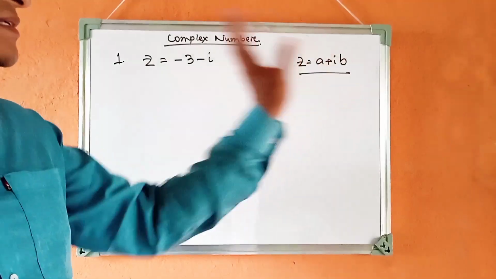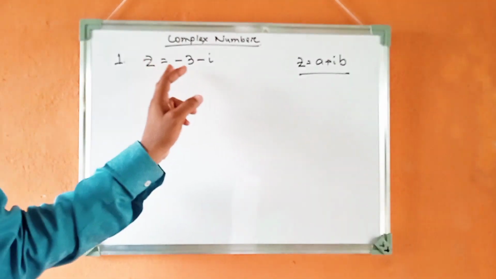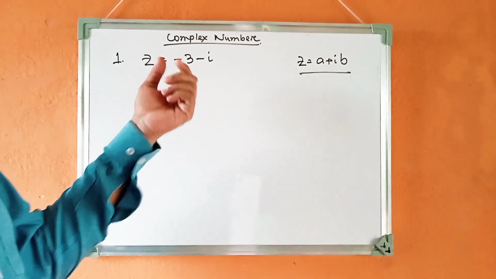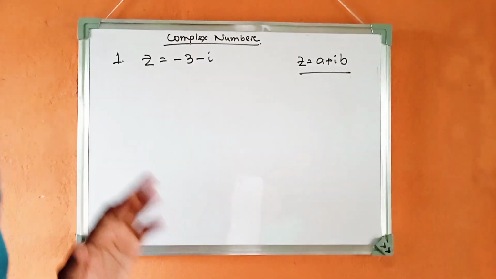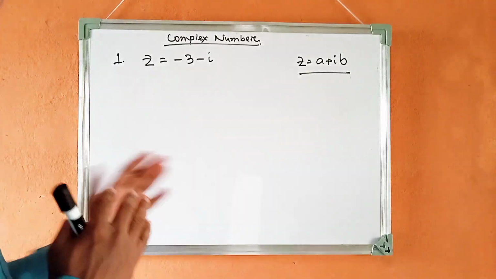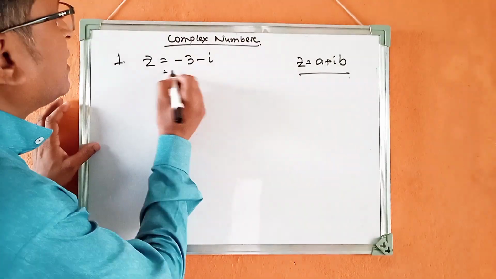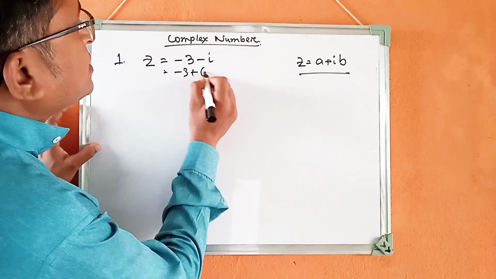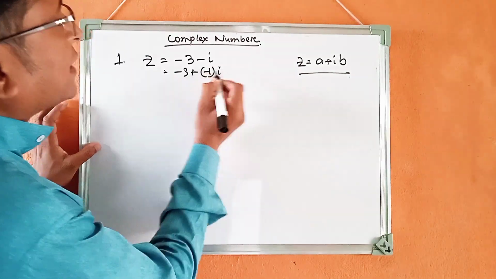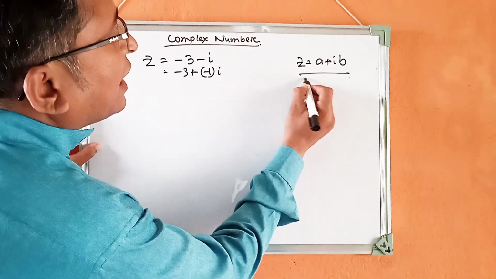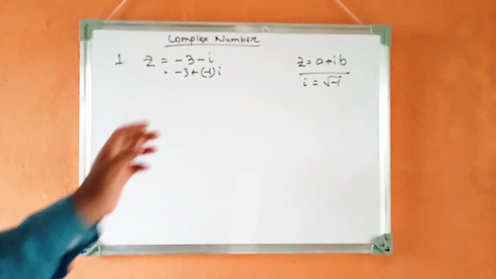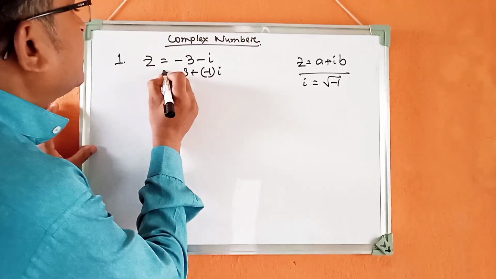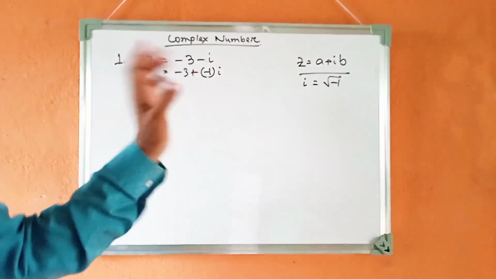This is the real part, this is the imaginary part. Now Z equal to minus 3 minus i, so real part equal to minus 3 and imaginary part equal to minus 1. First of all, arrange properly, that means in standard form: minus 3 plus minus 1 into i. What do we mean by i? i equal to root over of minus 1. Already I told. So this is Z arranged in the standard form, that is A plus iB.